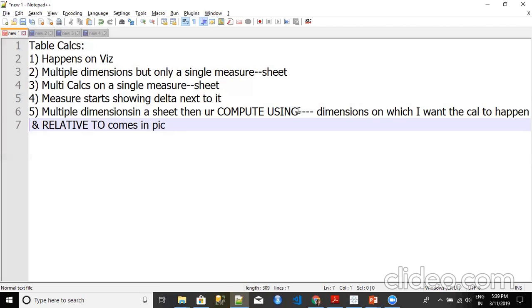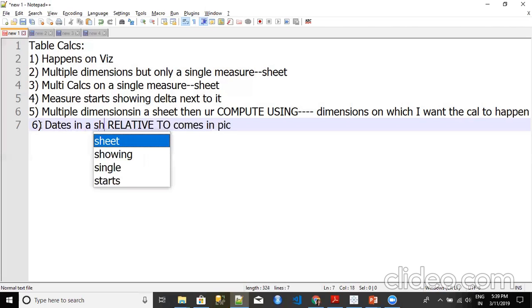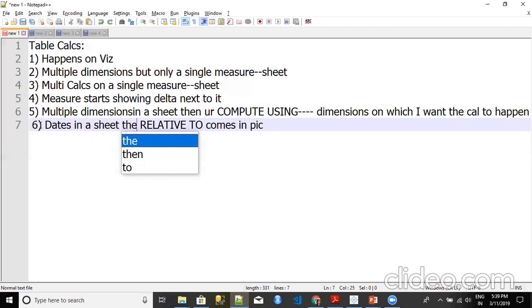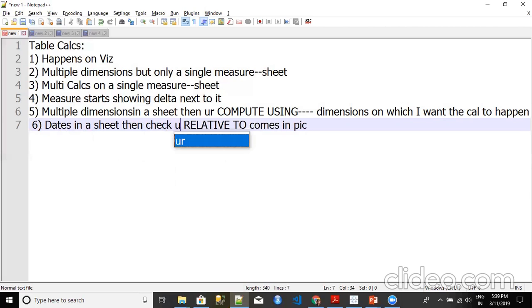So whenever we have multiple dimensions in a sheet, we have to check our compute using. And relative to, we can check when we have dates in the picture.